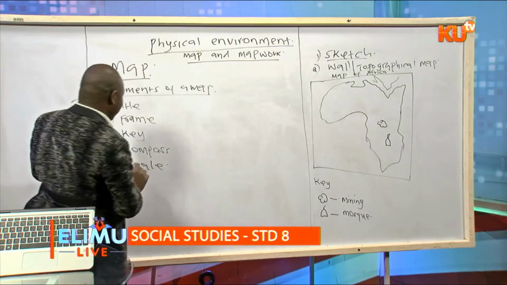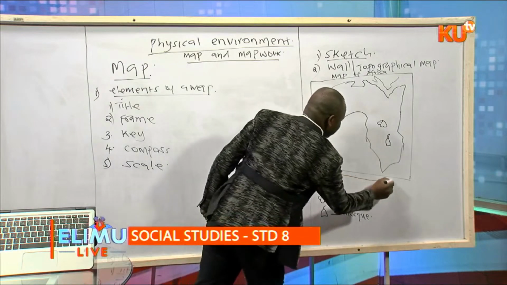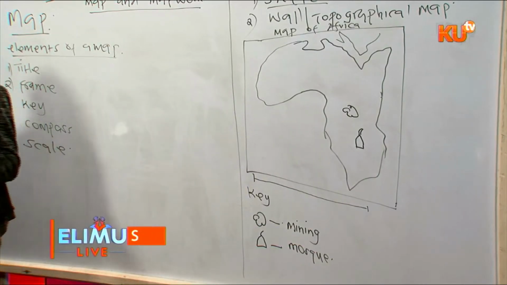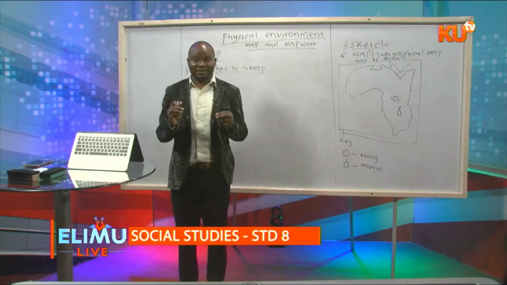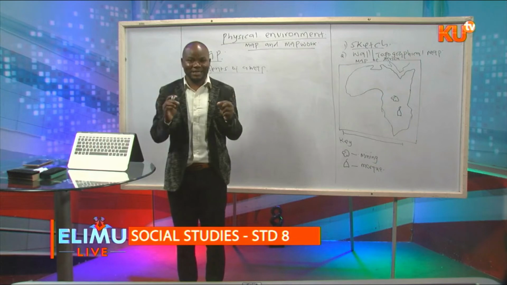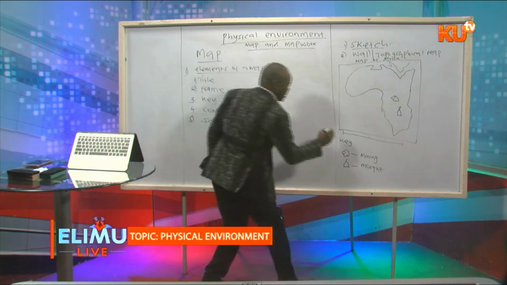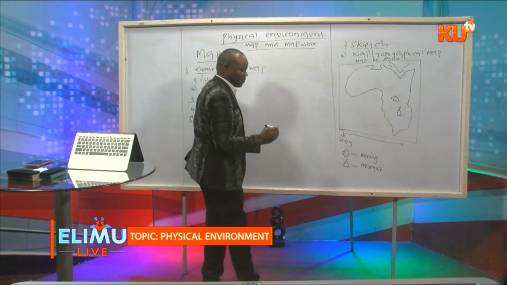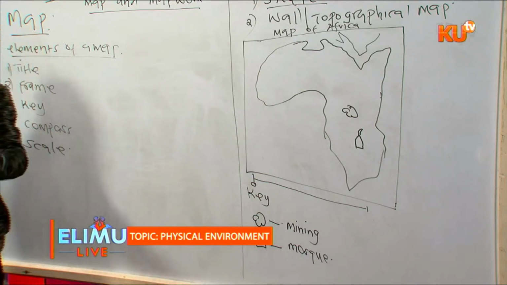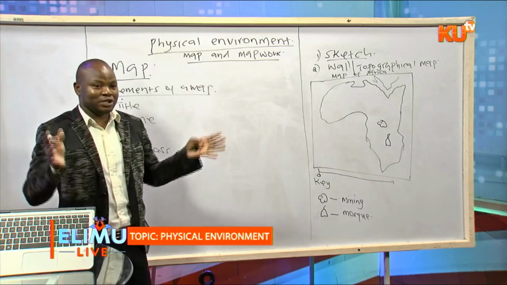Then we have what you call the scale. The scale is mostly indicated down here, and in most cases, in all KCPE papers, the scale that we have been using all through is the linear scale, from the word line. It always ranges from 0, and it can go up to 50, up to 100, depending on the area that you want to cover.